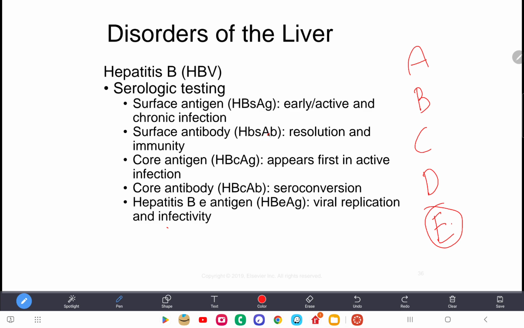If you have the antibody, it is resolution or immunity because you develop antibodies against the antigen, okay. The core antigen appears first in active infection, and the core antibody is the seroconversion. Okay, and E is for infectivity. Okay, so that's what you have to know about hepatitis B serology.